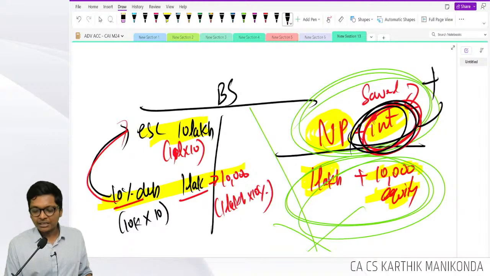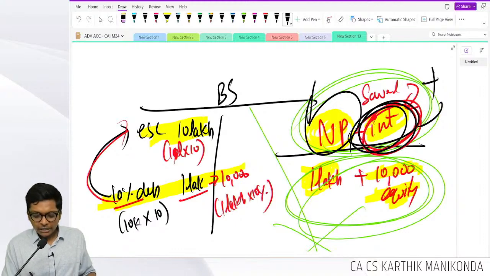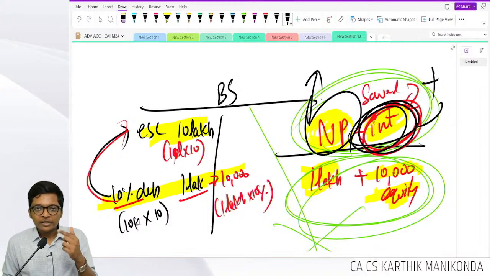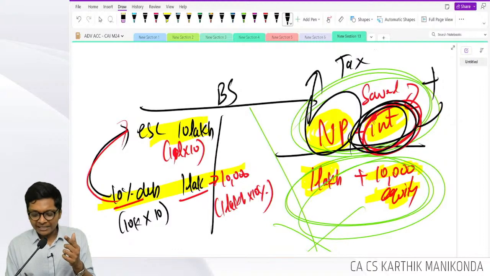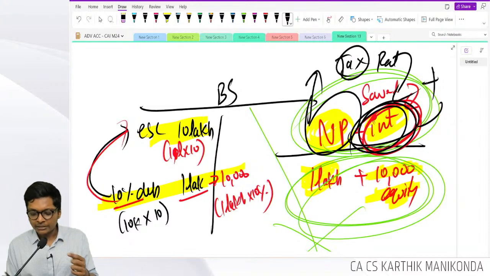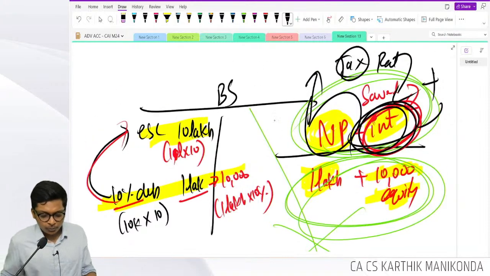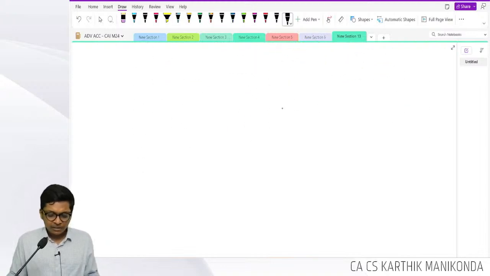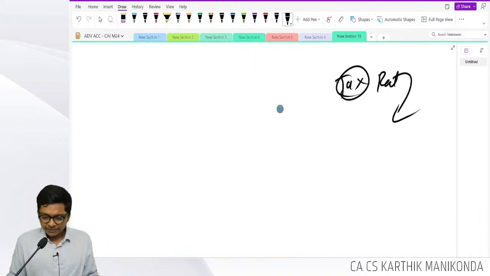So I will add back interest. But since interest is not paid, net profit will increase. So if net profit increases, tax also will increase. How much is the extra tax? Tax rate on interest. That's why the formula is very simple, guys.